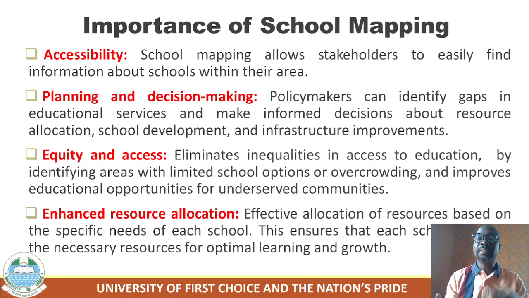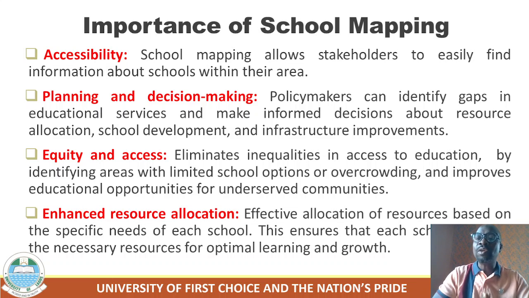School A has more resources, maybe more physics teachers than school B. So school B needs more physics teachers. So we will now say, okay, let's transfer one or two physics teachers to school B. By so doing, the allocation of resources has been made effective.